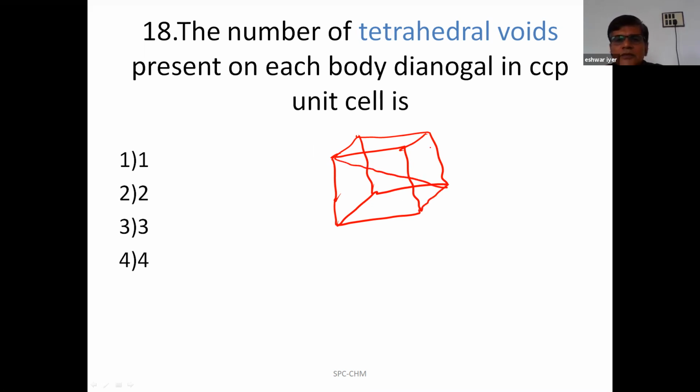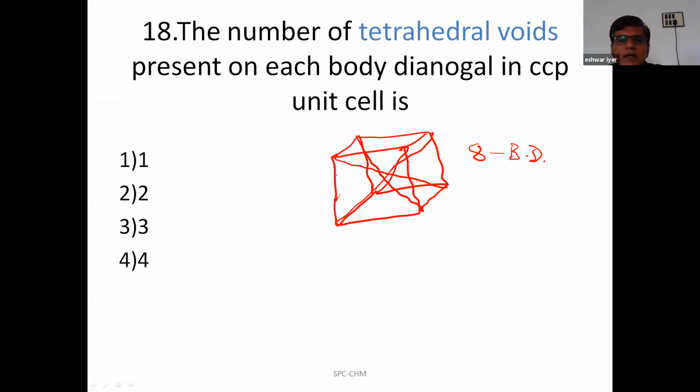It is 1. It is 2. It is 3. What comes next? It is 4. So there are 4 body diagonals.